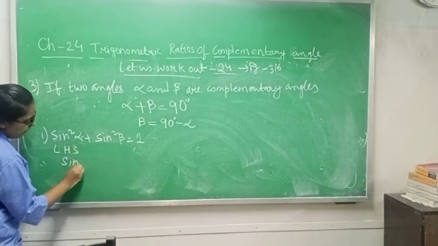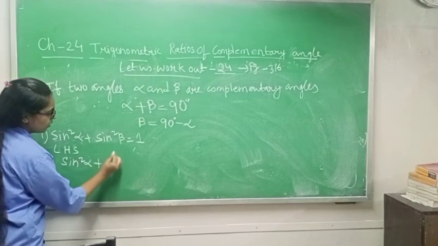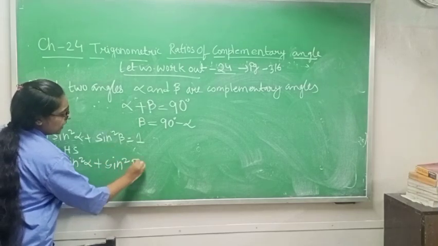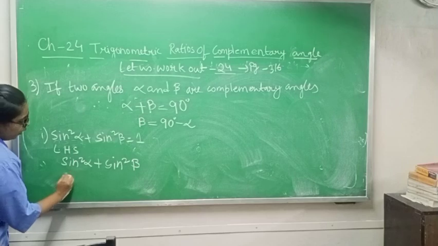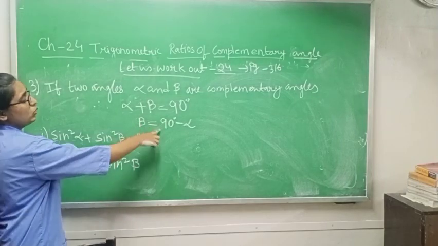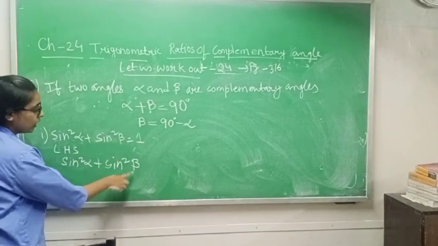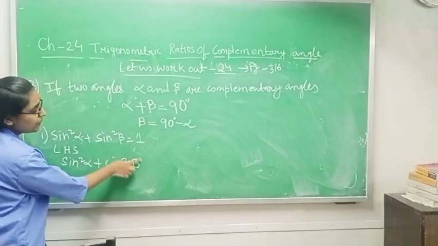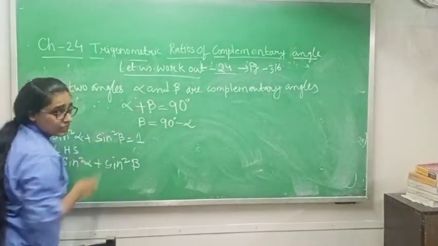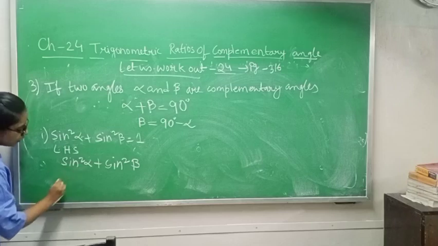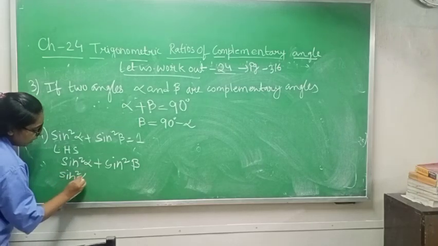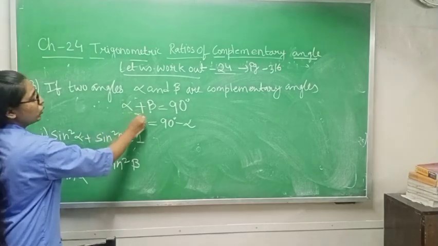So in LHS you have sin square alpha plus sin square beta. Now which value do we know? Beta value is 90 degree minus alpha. So in this place I will put 90 degree minus alpha, and I will write sin square alpha as it is. You can find the alpha value also from here.